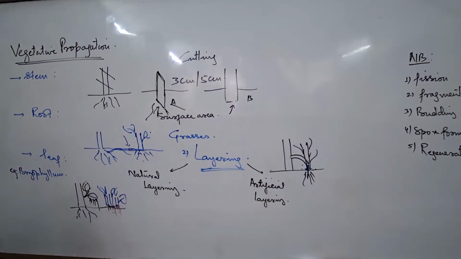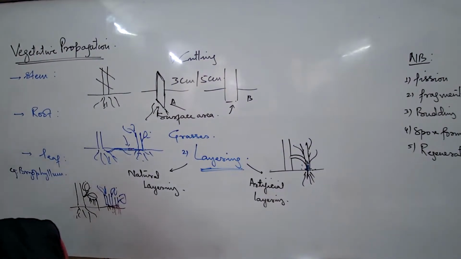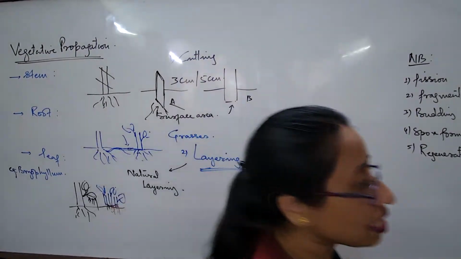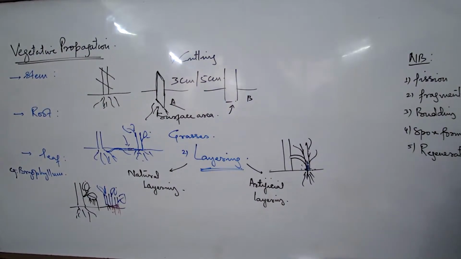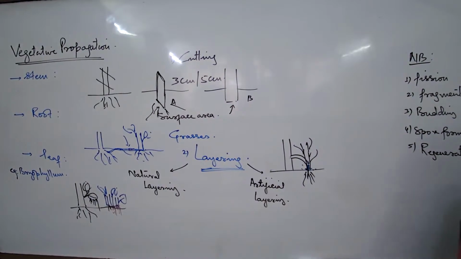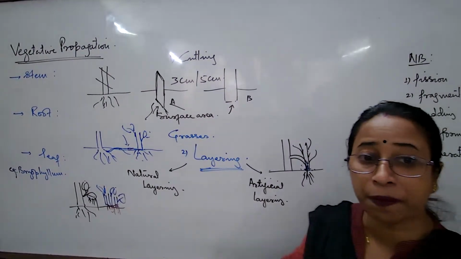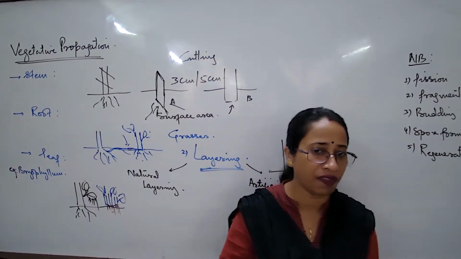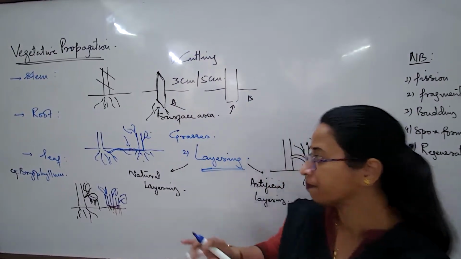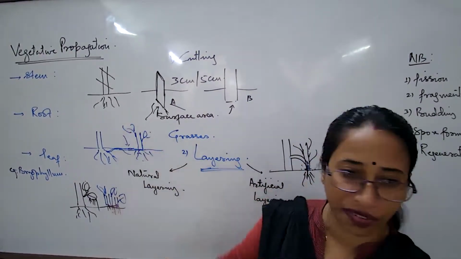A large number of plants in a short period of time, and identical varieties. What is the disadvantage? The disadvantage is we cannot expect any new variety in this method. We cannot expect to get any improved or developed variety from this method. It will always give rise to identical varieties. So that is common for all these three.